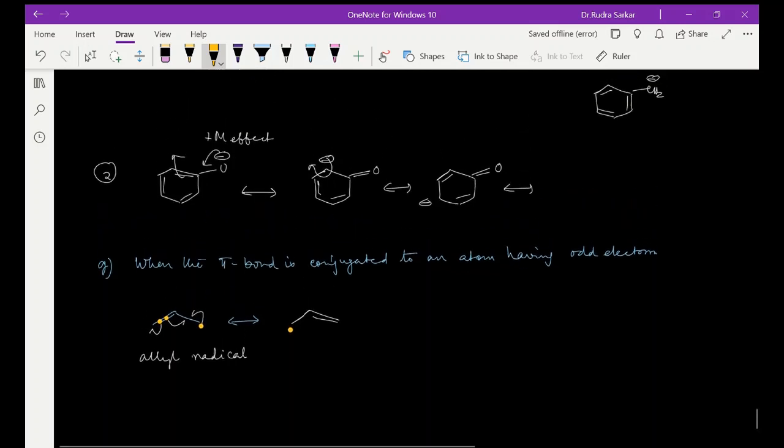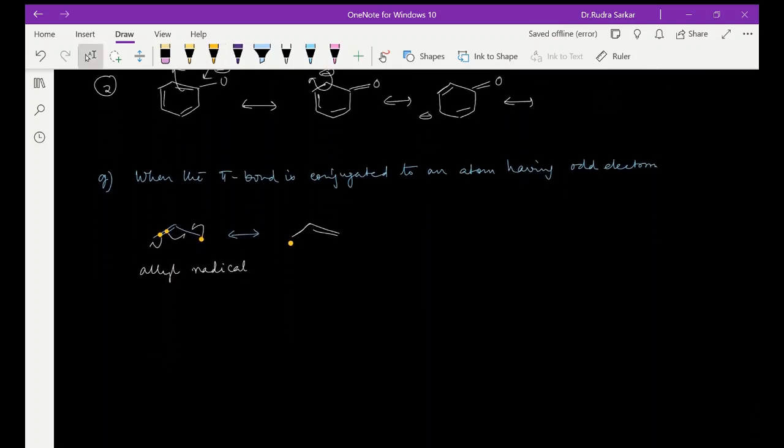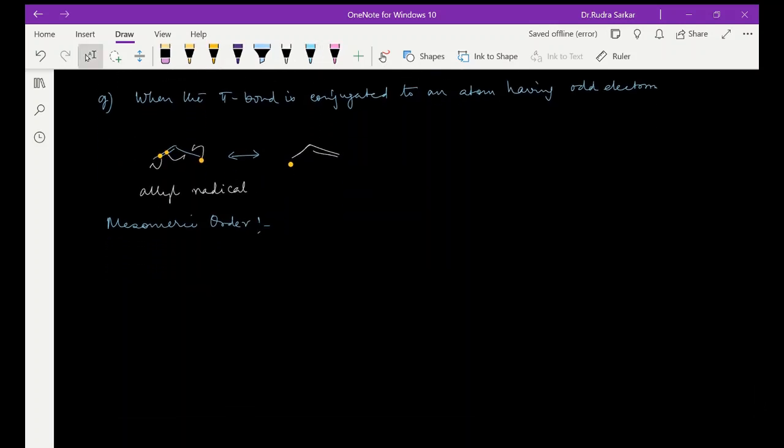So these are the total cases that we wanted to discuss. Now out here, let us find out what is the mesomeric order, just like the inductive order. So in A we will have, and this is all dependent on electronegativity, okay, CH2 minus greater than NH minus, which is greater than O minus. So this is basically depending on electronegativity. In case of B, we will say an ionic species will be more electron donating than the neutral species.